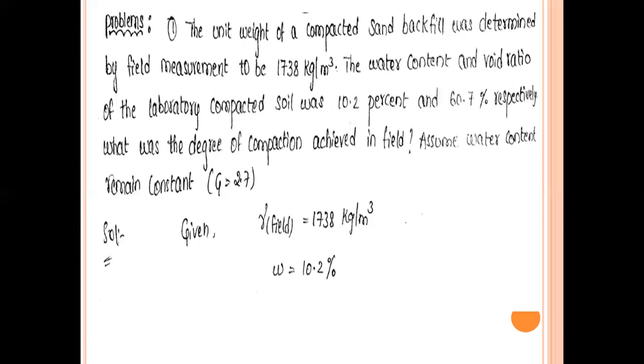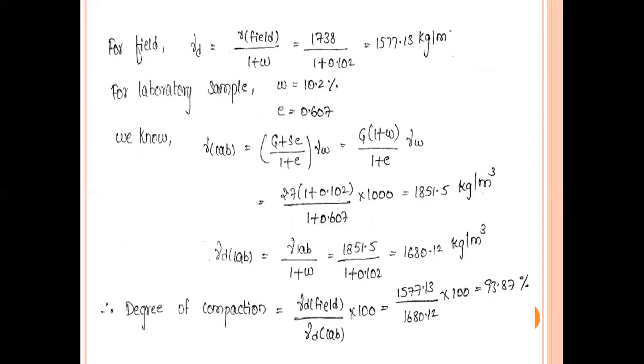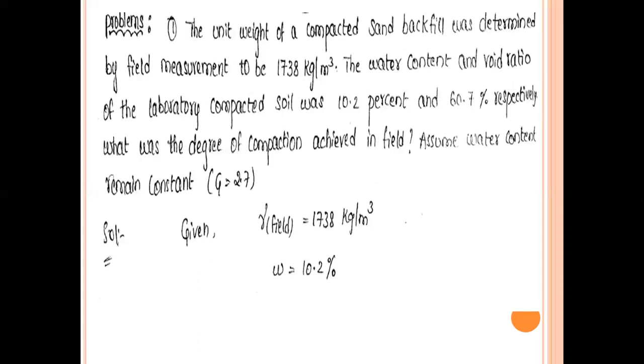Water content W equal to 10.2 percentage and void ratio equal to 60.7 percentage. And specific gravity G equal to 2.7. Here we find out the degree of compaction.